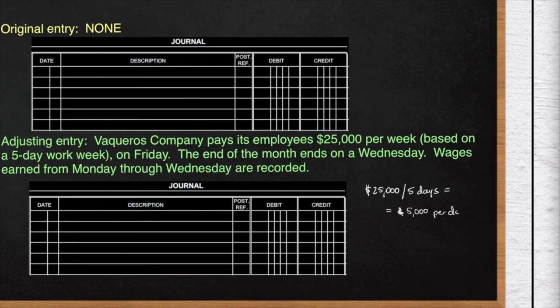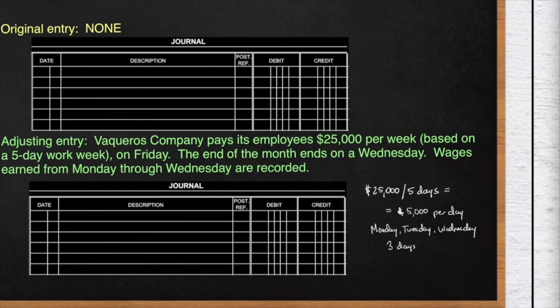What you want to do first is calculate how much per day the employees are getting paid. So $25,000 per week divided by 5 days equals $5,000 worth of wages per day. We have Monday, Tuesday, Wednesday left for the accounting period.